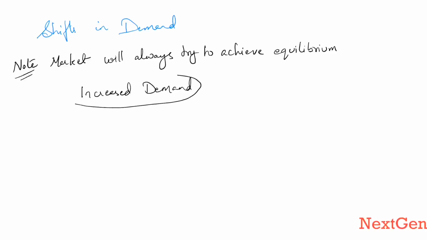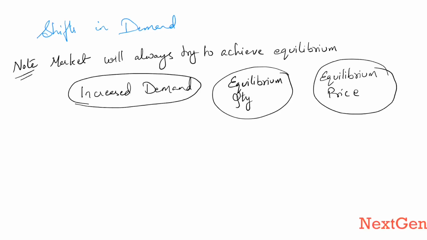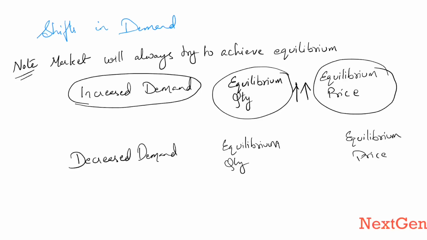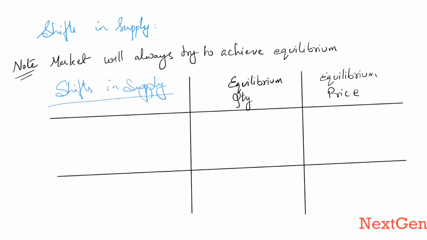Therefore, if there is an increase in demand, then equilibrium quantity and equilibrium price will both increase. Now, if there is a decrease in demand, then equilibrium quantity and equilibrium price will both decrease.